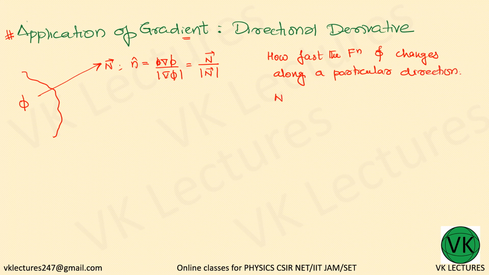The n vector says maximum change occurs in this direction, but we don't know about other directions. For example, I have a vector A. I need to find how the function changes along this vector A.